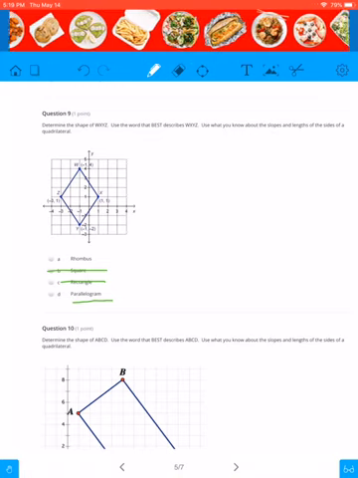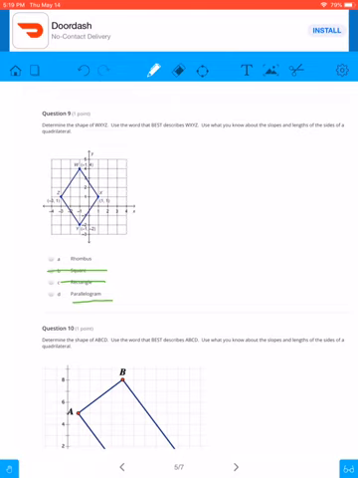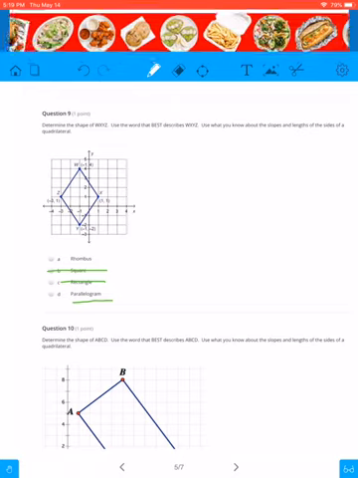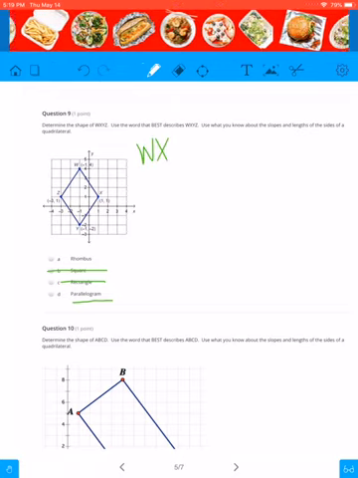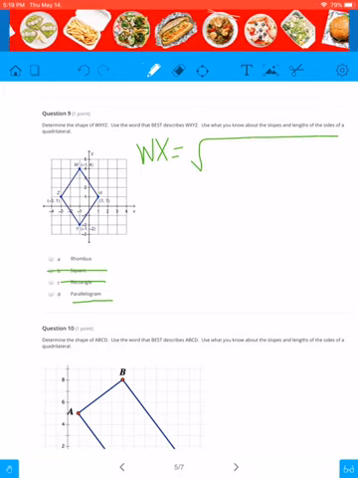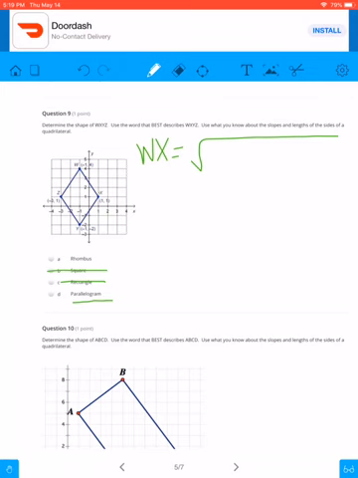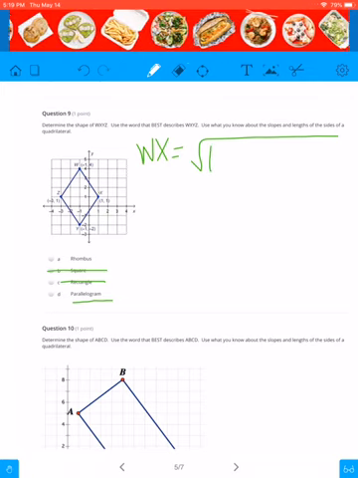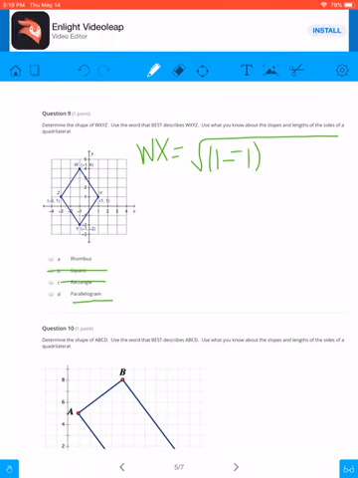So we'll start with W and X, and we'll find the distance between W and X. We're going to find the difference in the X coordinates. So this would be 1 subtracting negative 1. And then the Y coordinates would be 1 again, minus 4. Take your difference. These two would end up adding to 2 squared.